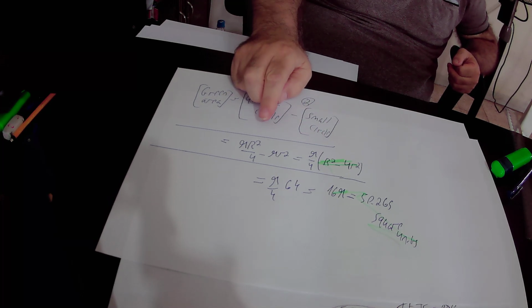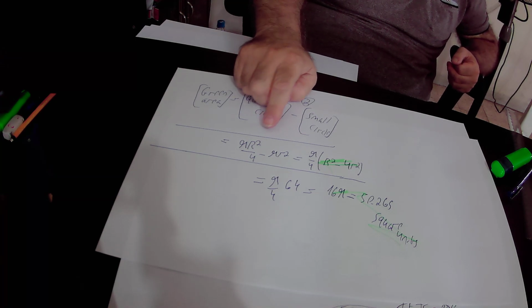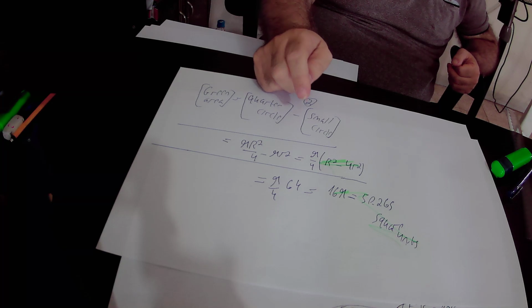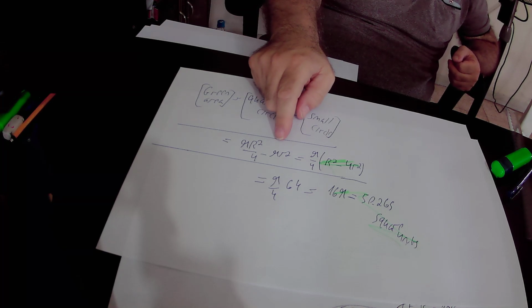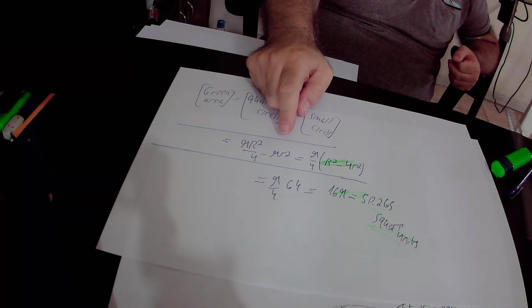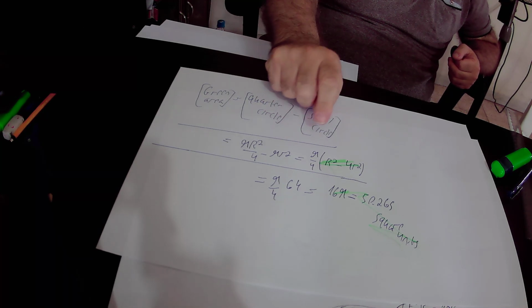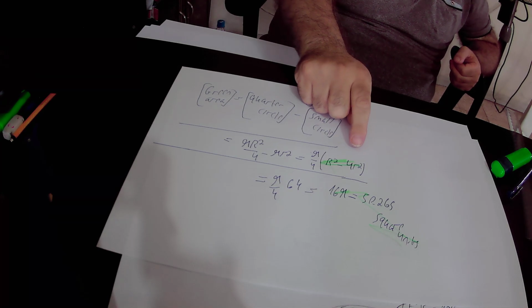What is left from pi R squared over 4 after we took from it pi over 4 as a common factor? What is left is actually R squared. And here we took common factor pi over 4 from pi r squared. What is left is actually minus 4r squared. Why?